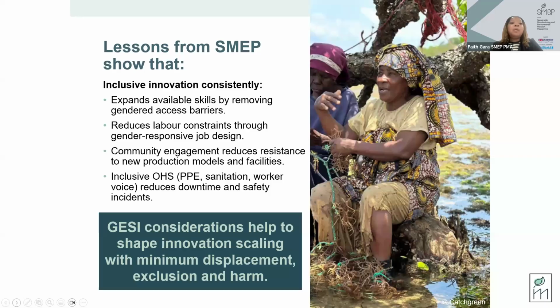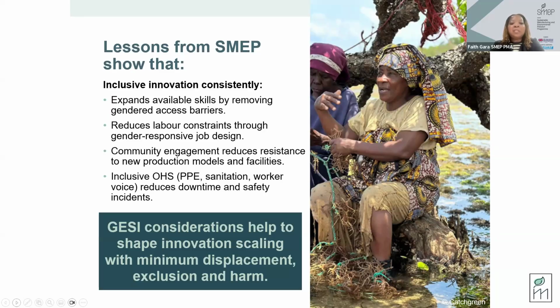Lessons from SMEP also show that JC considerations help shape innovation scaling with minimum displacement and exclusion from harm. We saw that inclusive innovation consistently expands available skills by removing gendered access barriers.